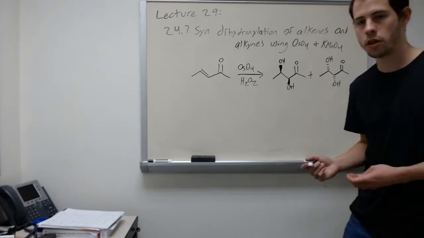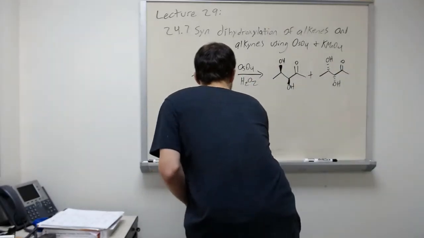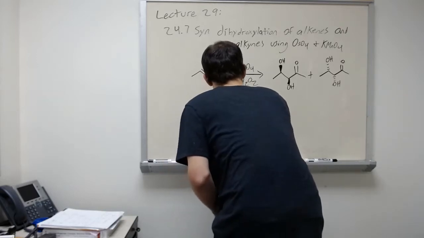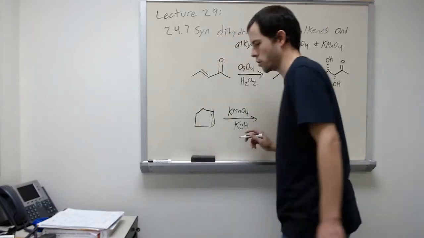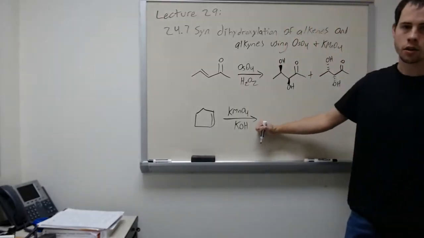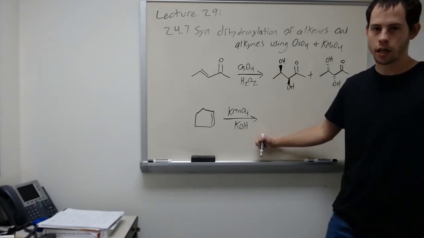The other reagent we can use is potassium permanganate, KMnO4. This also requires potassium hydroxide, and it accomplishes the exact same thing.